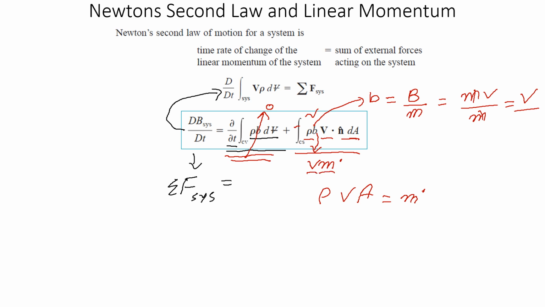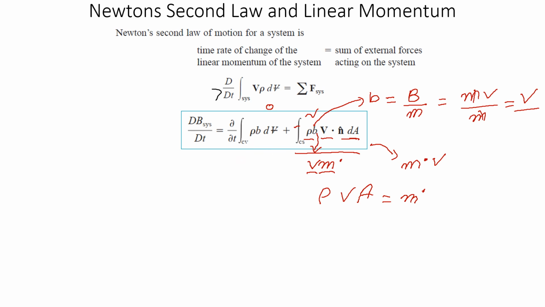So this term, our control surface integral, will mainly come out as m dot v. You have to remember this, because this is what we are going to do in our examples and problems. When any type of situation comes around, we will be looking at our problems like this. So this is what these terms are known for.